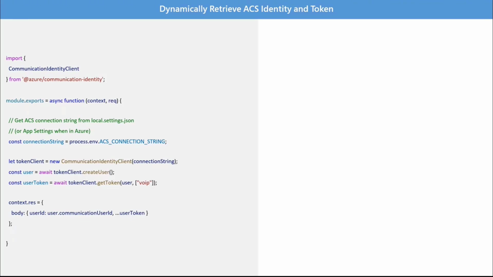It's really straightforward. We are making this dynamic ACS identity and token call from another Azure Function. We've seen how to call Microsoft Graph from Azure Functions last week. This week, we will be covering another Azure Function where we are calling the ACS Identity Client. What we are doing here is we create a function and then we get the ACS connection string.